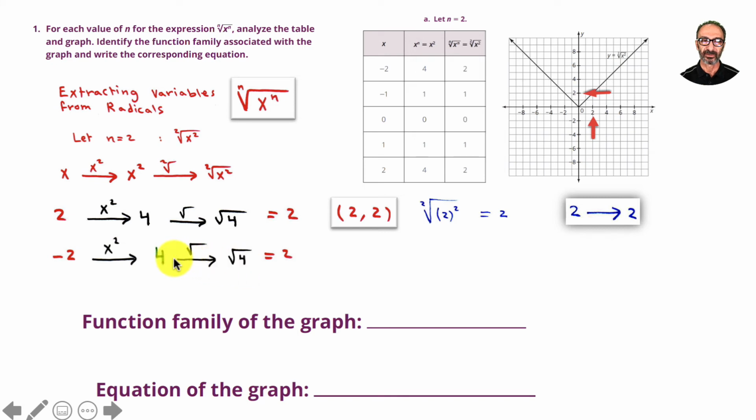Now I'm dealing with a 4, just like the one before, but I'm using green here to show you that something happened. It's not negative 4. Apply the square root, you get the square root of 4, which is 2. So negative 2 as an input gave me, after squaring and square root, the same output, 2. You start at negative 2, you end up with 2.